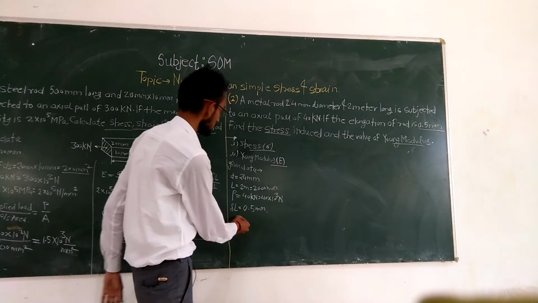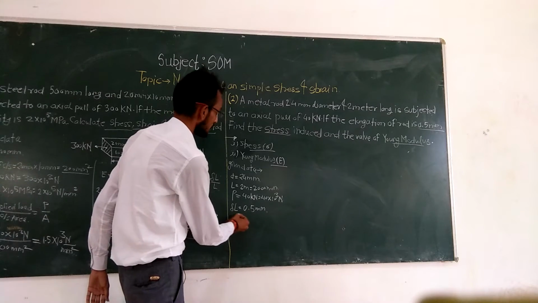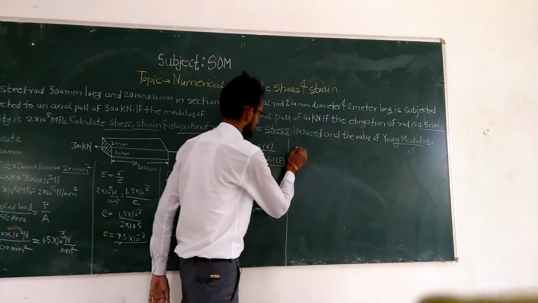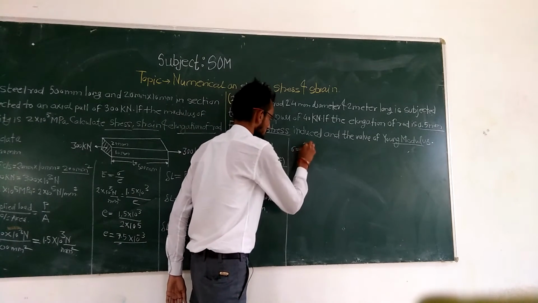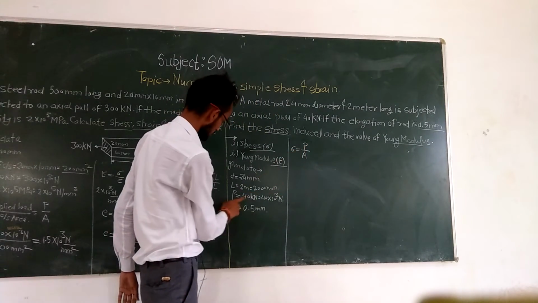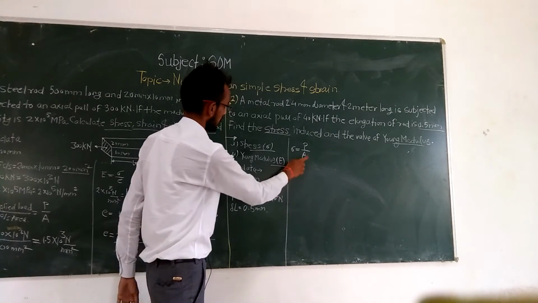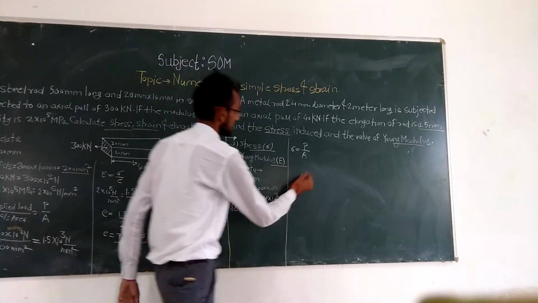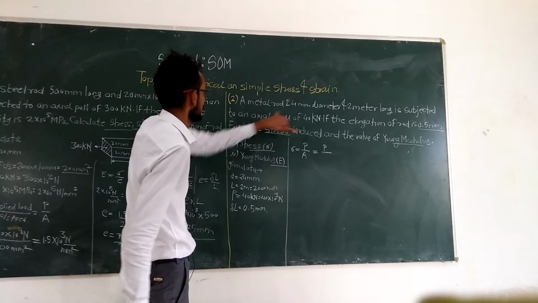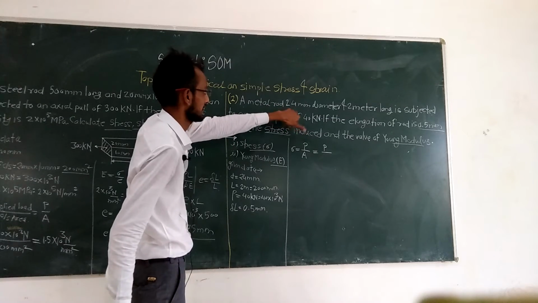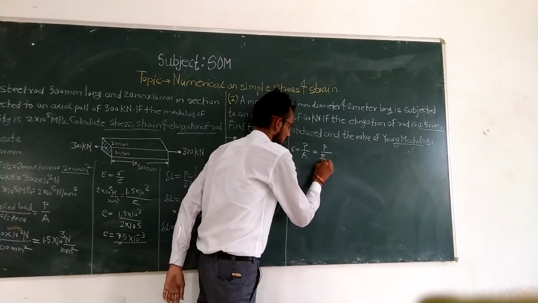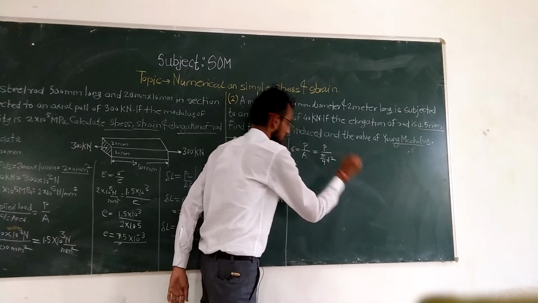Sigma is equal to P upon A. P is known, 40 into 10 raised to 3 Newton. Now find the area. For the metal rod, it is a circular cross section, so area is equal to pi by 4 d square.